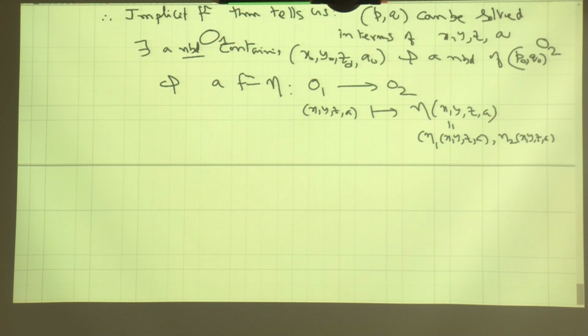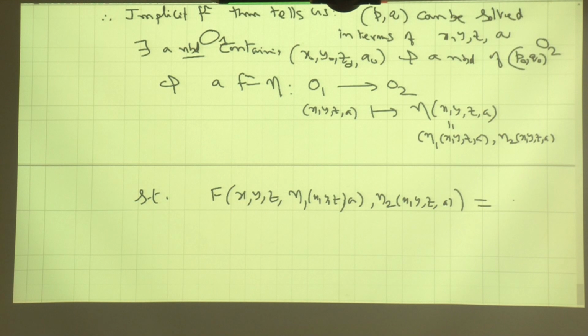So instead of saying there is a function eta, some people may say there exist functions eta 1 and eta 2. So this is a function, but what is the property? Property is this: F of x, y, z, eta 1 of x, y, z, A, eta 2 of x, y, z, A equal to 0, and it solves those two equations, F equal to 0 and G equal to 0.